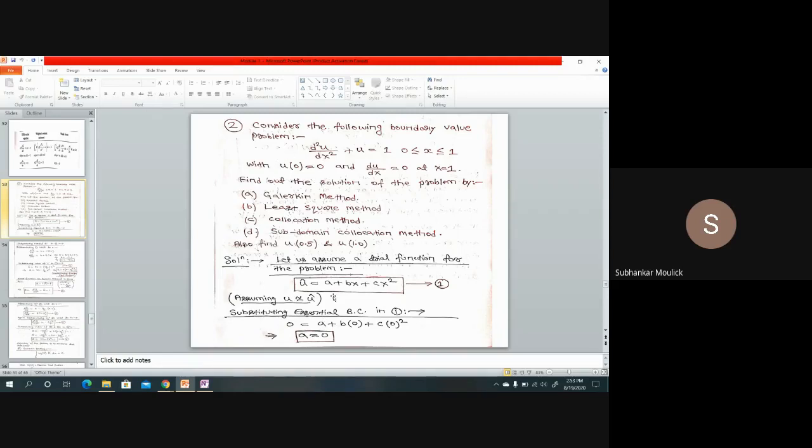If it is satisfying, no issues, go with that quadratic polynomial and solve the problem. But if it is not satisfied, then you have to go for either linear or cubic or some higher order. If you take the approximating function as a higher order function, your solution will be more accurate to the exact value.